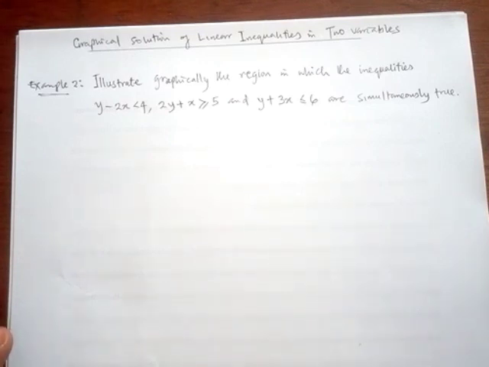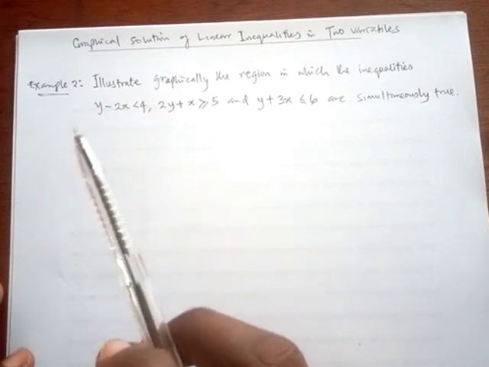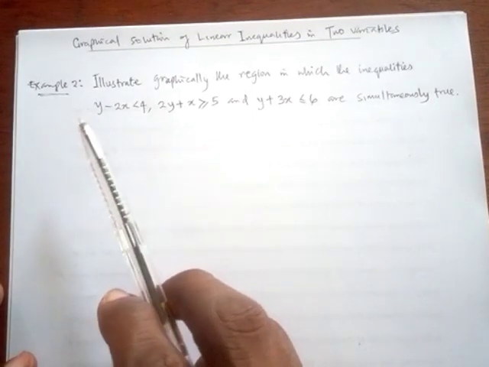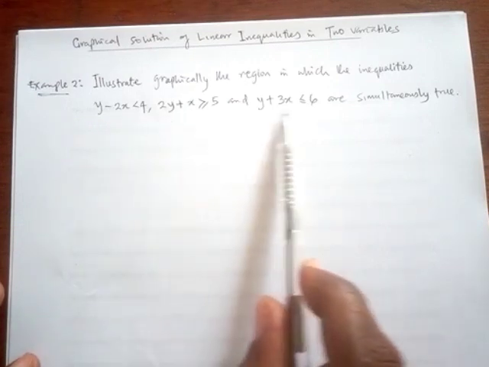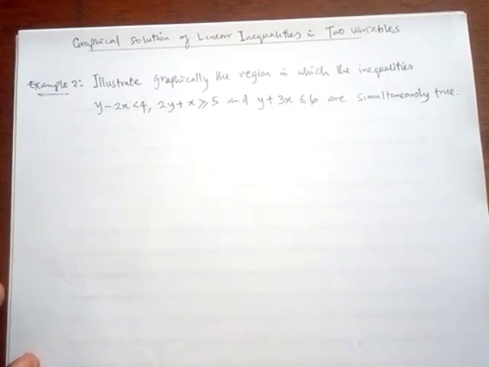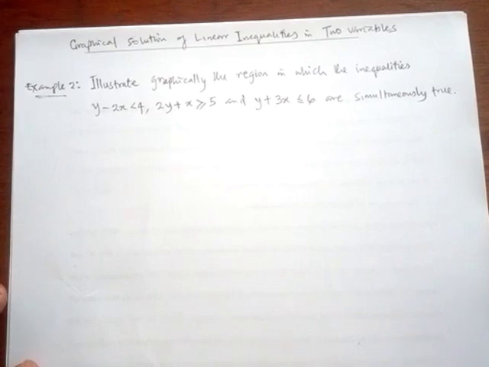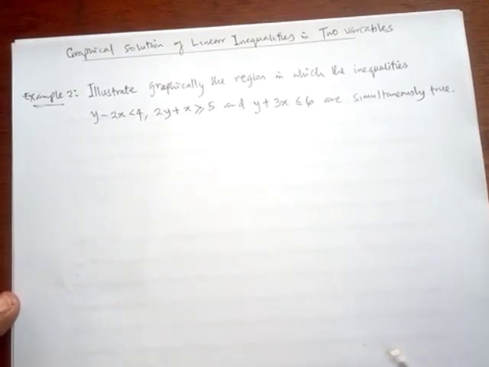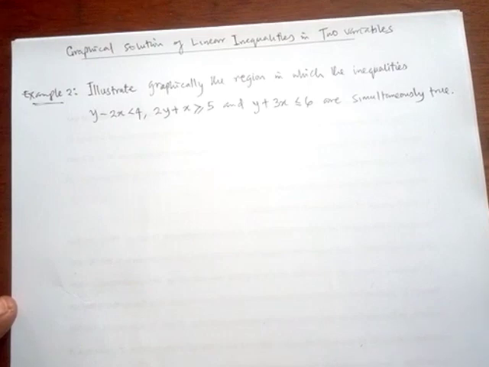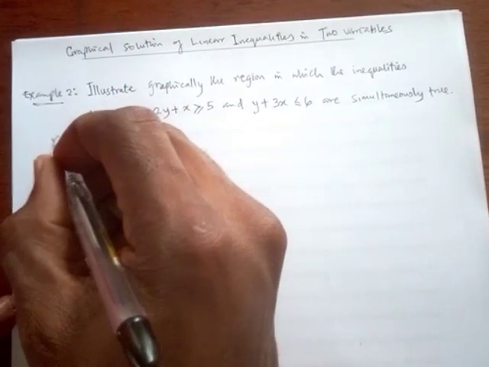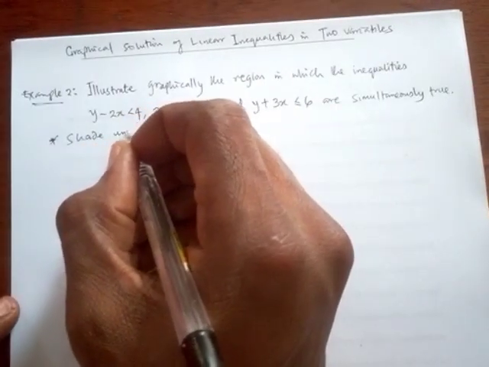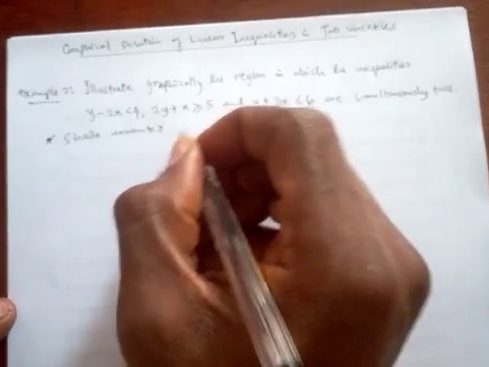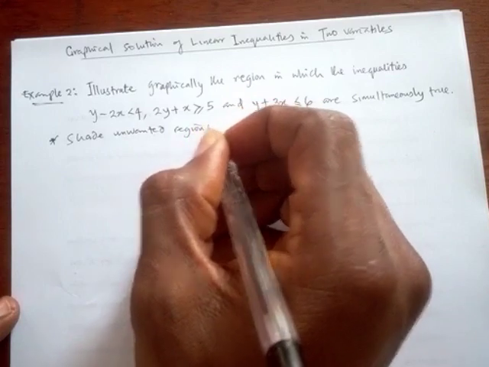Show on a graph the region that indicates that all of these inequalities are simultaneously true. Remember, we'll be shading all unwanted regions.